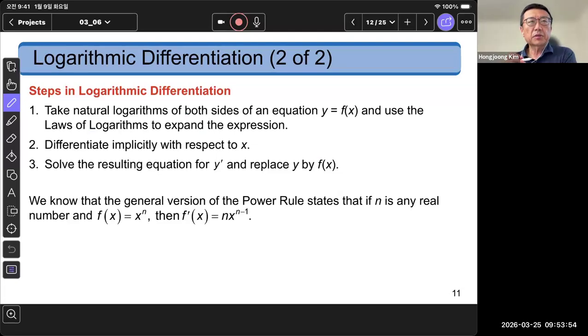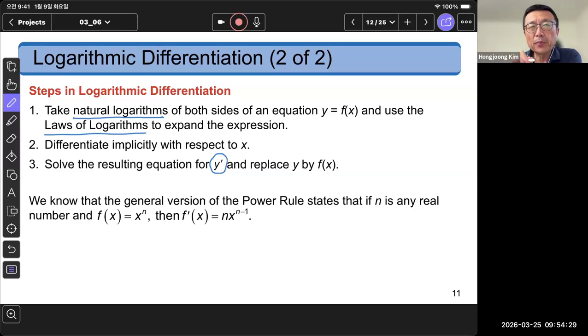So here are the steps in logarithmic differentiation. You first take the natural logarithm of both sides of the equation, and then you apply the basic properties of the logarithmic function to expand the expression. Then you differentiate implicitly with respect to x, and then you solve the equation for y prime.